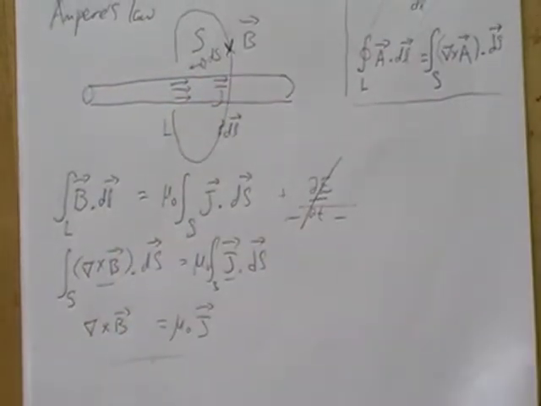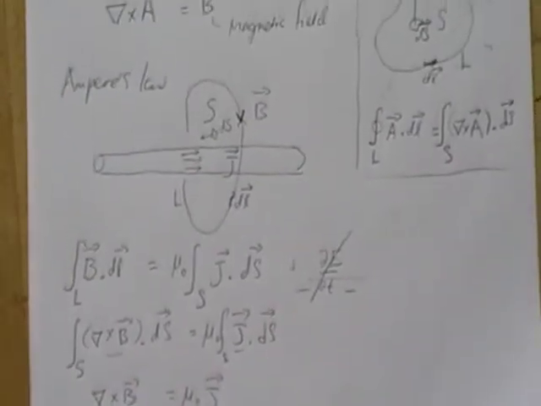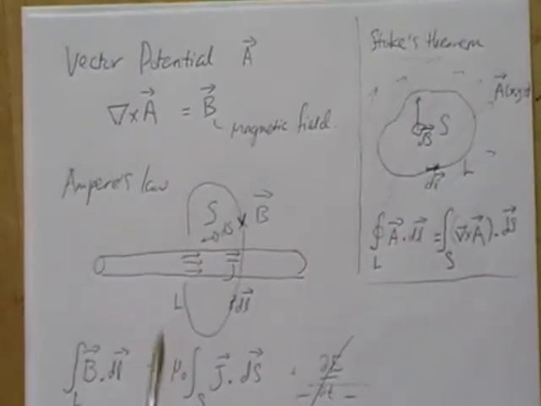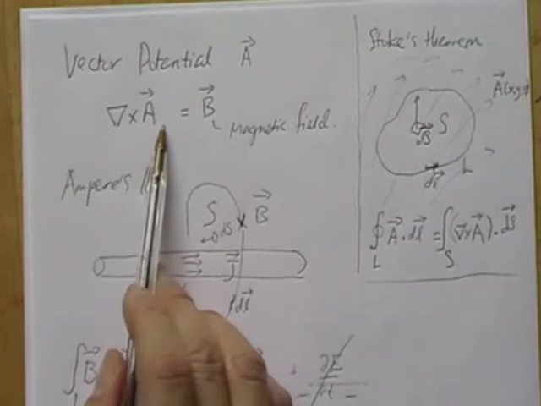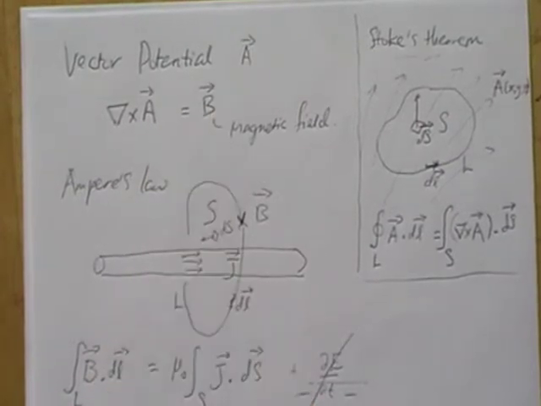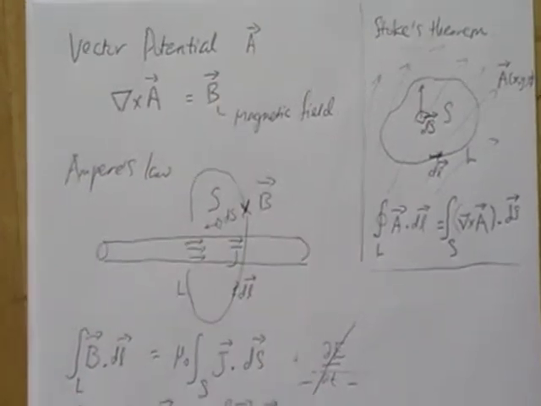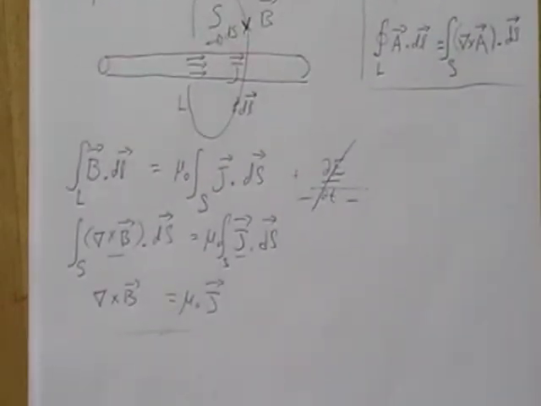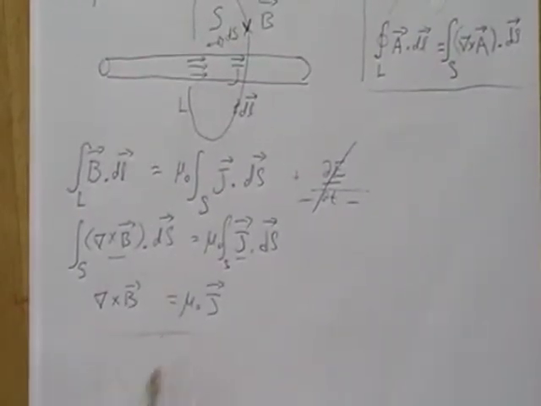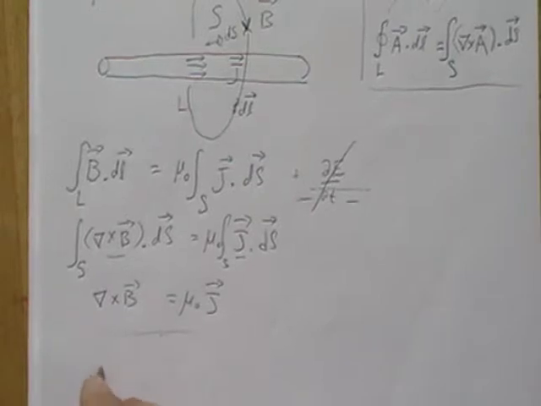Okay, so we have this result here, that the curl of B is related to the current going through it. Now let's look back at our definition for the vector potential, that the curl of A is equal to B, and compare it with what we have now with this differential form of the Maxwell's equation.